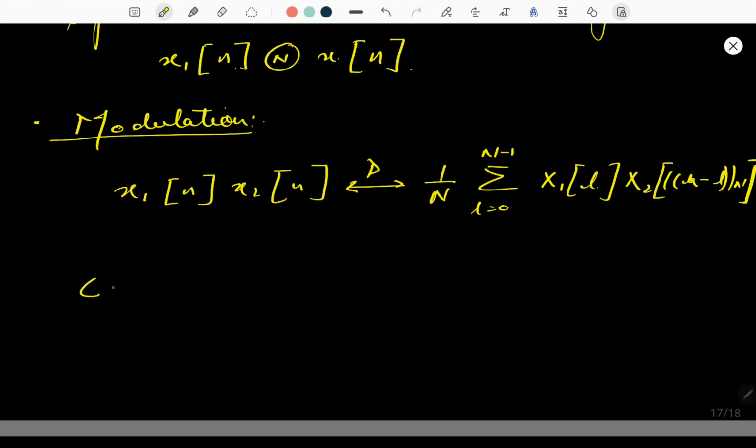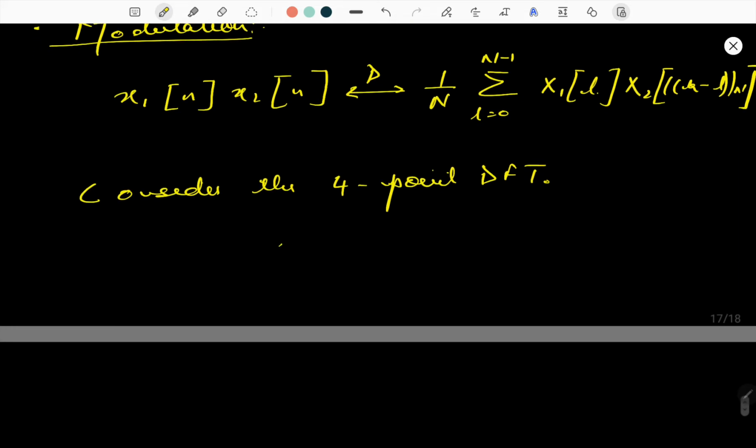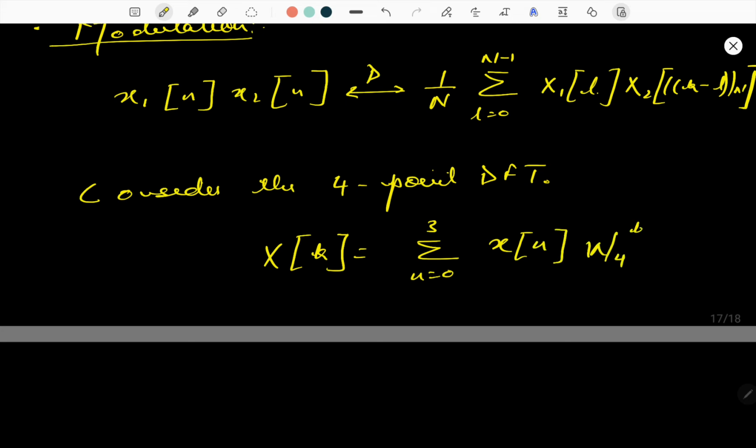Consider a 4-point discrete Fourier transform. In this, X[k] is simply equal to the summation over n equals 0 to 3 of x[n] W4^(kn).